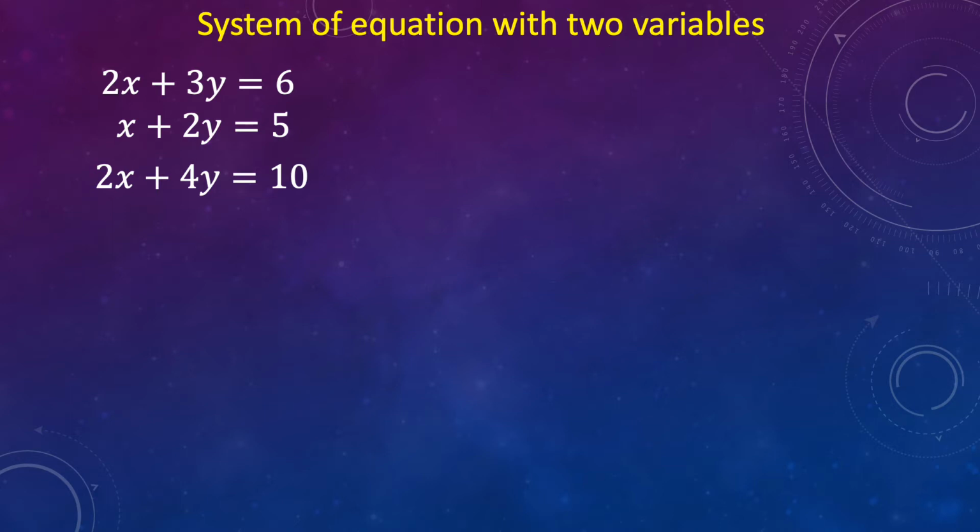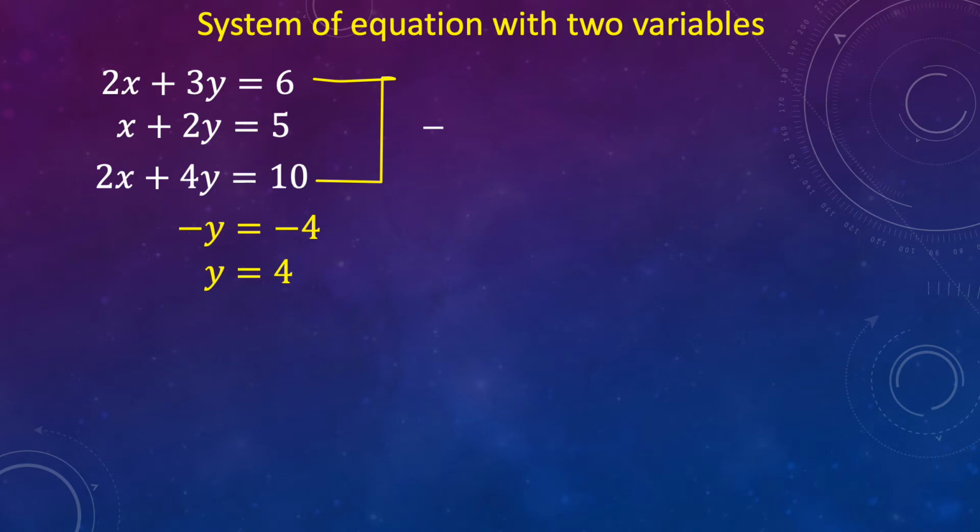If this is positive, this is negative, then we plus. So we minus. 2x plus 3y equals 6 minus 2x plus 4y equals 10, so 2x minus 2x equals 0, 3y minus 4y equals negative y, and then 6 minus 10 equals negative 4. Therefore, we have y equals to 4.